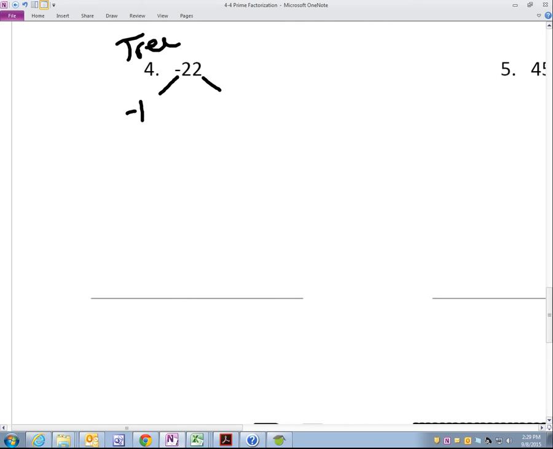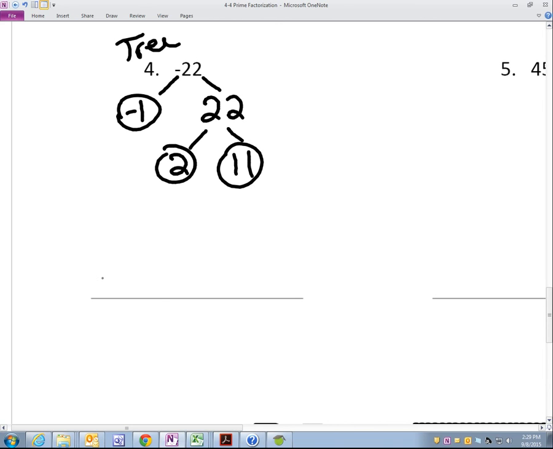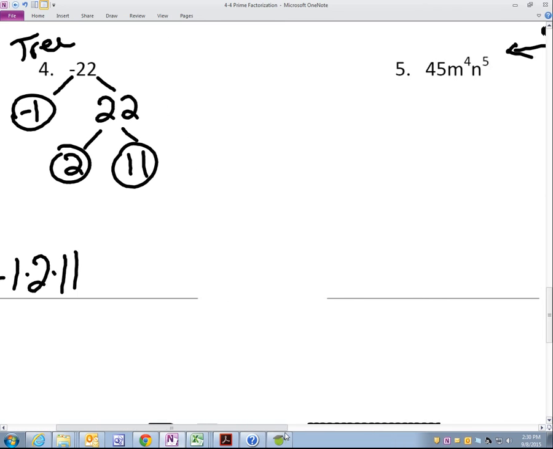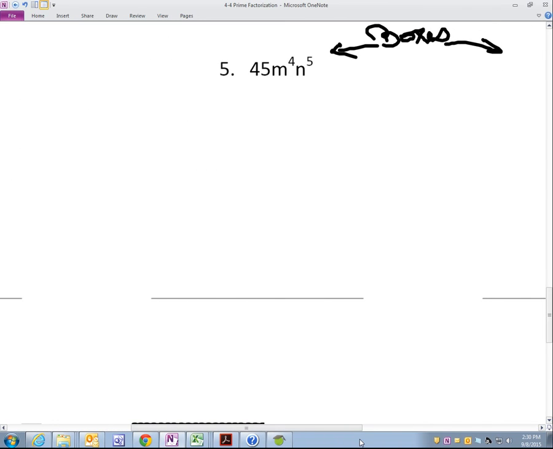Which one do you need the box on? The other 2.